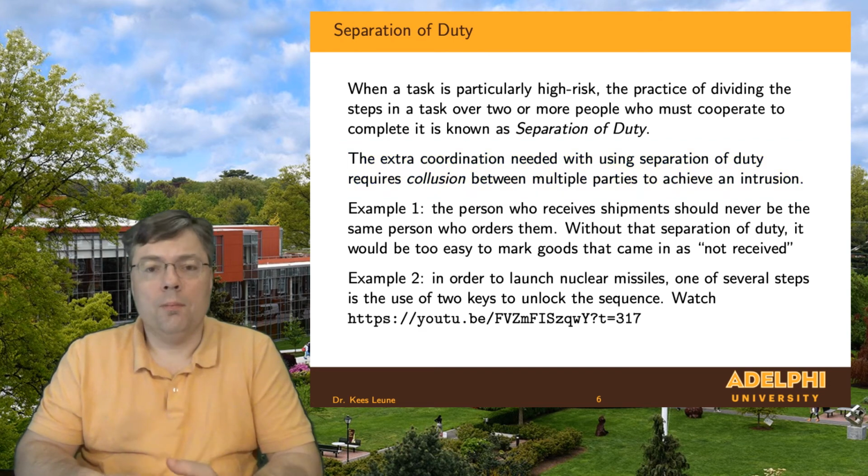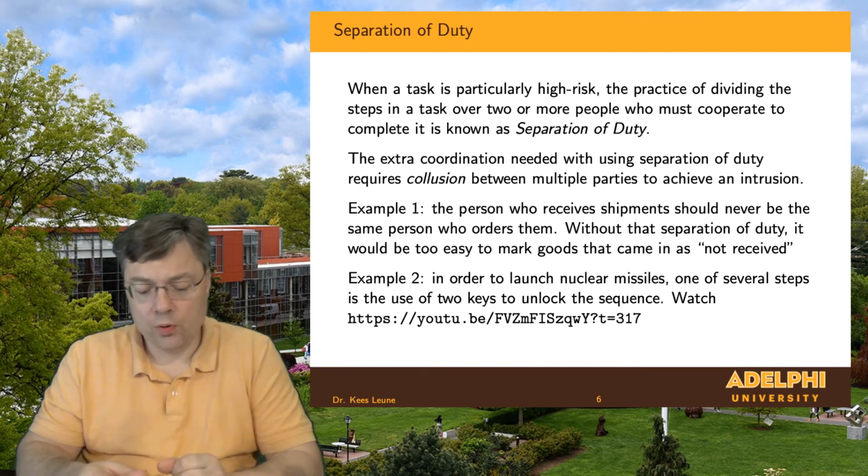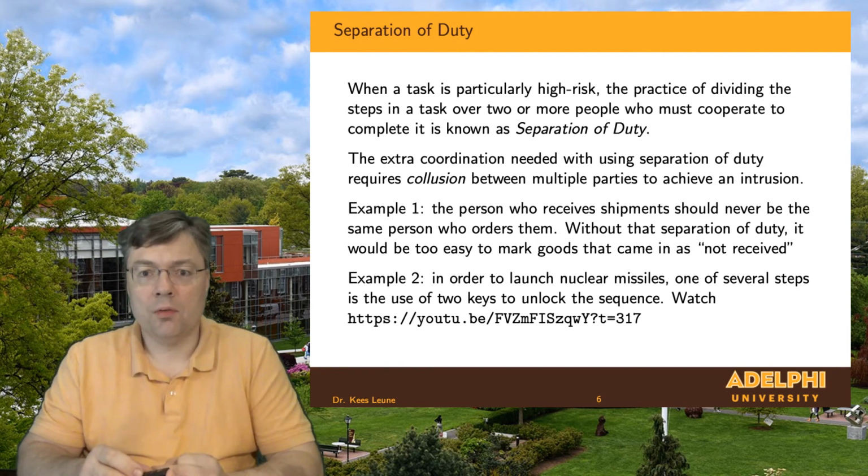So, for example, if I would allow the same person in an organization to order goods, to receive goods, and to pay for those goods, I'm creating a potential problem where someone can order products, claim they were never received, but they have been paid for.